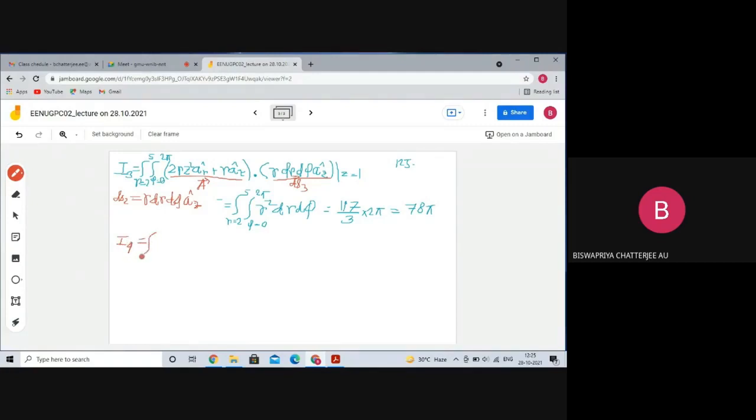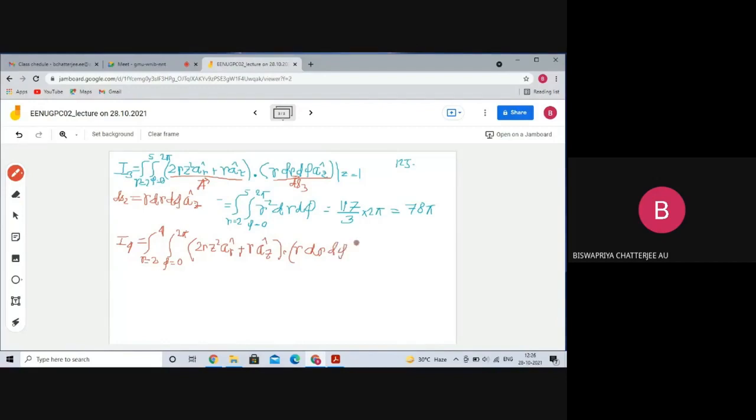Let me first put the limit from r is equal to 2 to 4, phi is equal to 0 to 2 pi. So this becomes 2r z square ar cap plus r az cap dotted with r dr d phi.